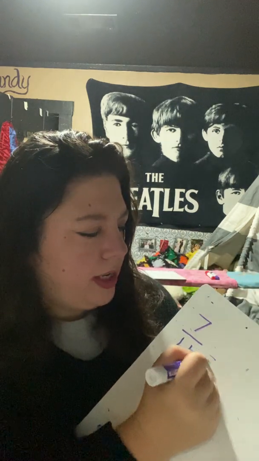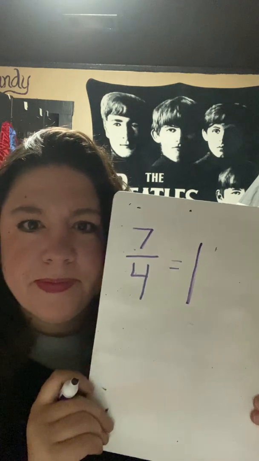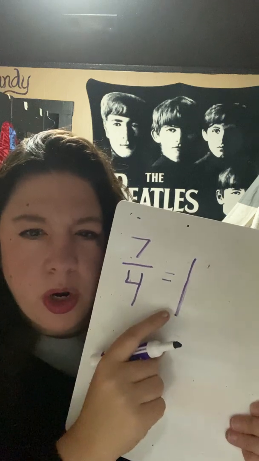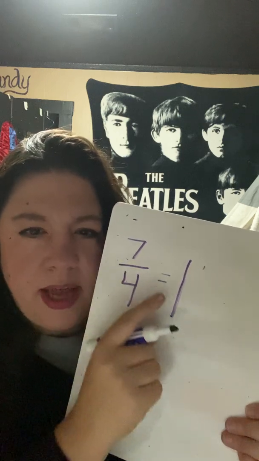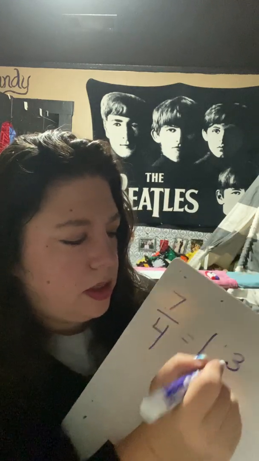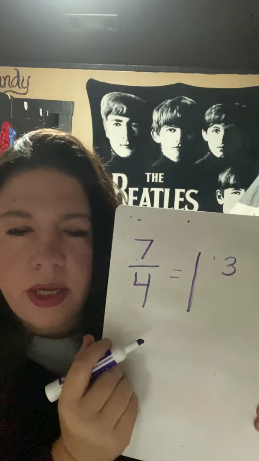That's too many. So just once, 4 will go into 7 just one whole time. How many remainder? Well, if 4 times 1 is 4, and you're trying to get to 7, then there's a 3 remaining.